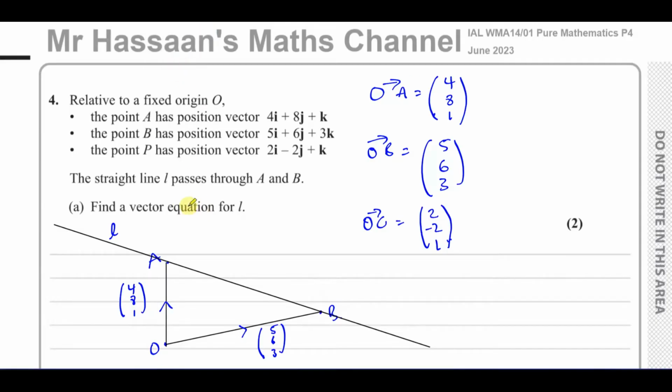Now the vector equation of a straight line is given by two components. You have to have a point on the line, any point on the line. Basically you need the position vector of a point on the line. So we can use O to A or O to B, both would be fine.